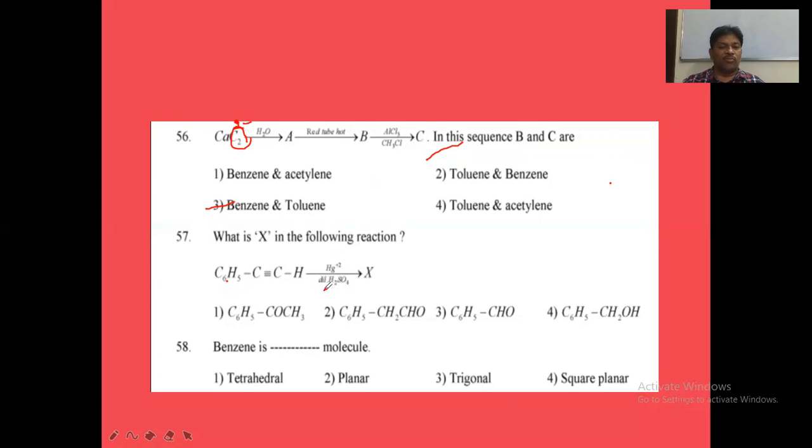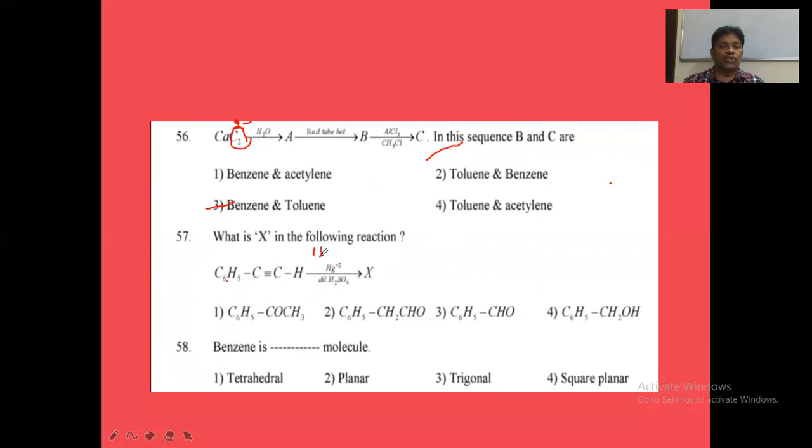H plus ions from dilute sulfuric acid, and HgSO4 will produce Hg plus 2. So in the presence of these reagents, HgSO4 and H2SO4, what happens now? Water will be added to this. What will be added? H2O will be added.